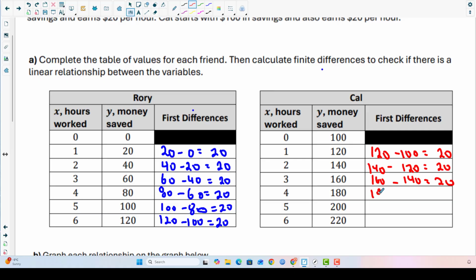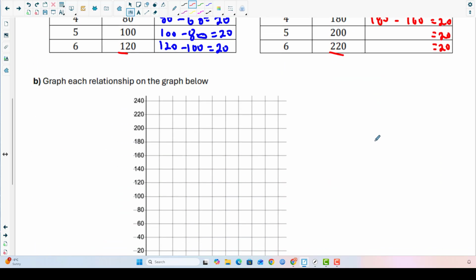And 180 minus 160, which is 20. And you're going to realize that they're all 20. What does that mean? Cal has saved up more money, $220, and Rory has saved $120, but the first differences are the same. Let's see what that means.